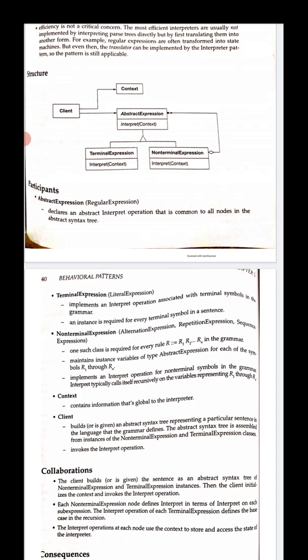And coming to the context, the client sends the context of the grammar, which provides a way to evaluate such a grammar. It contains some information that is global to the interpreter. And coming to the client, it builds an abstract syntax tree representing a particular sentence in the language, which is assembled from instances of the non-terminal expression and terminal expression classes.